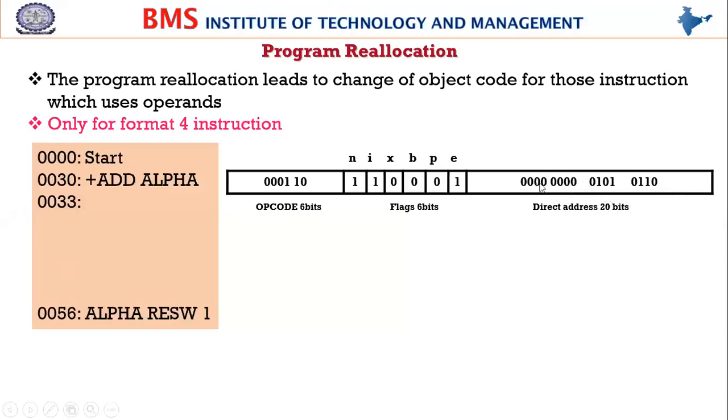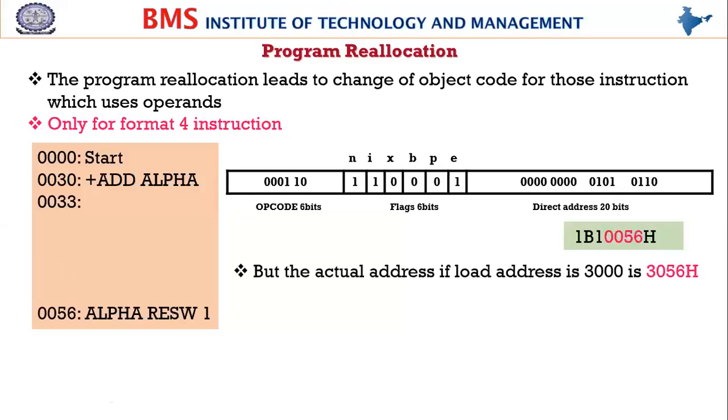That is, the first 4 bits are zeros, the next 4 bits are zeros, the next 4 bits represent 5, 0101, and the next 4 bits represent 6, 0110. Now we get the object code when we combine 4 bits. 1B, that is 1011 gives you B, and the next 0001 gives you 1.